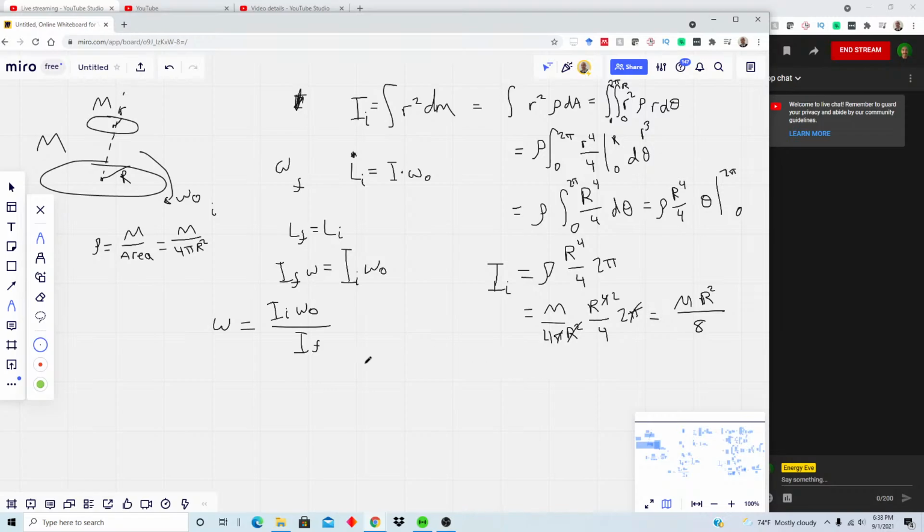Very similar to the second disk, we can make a quick approximation that it's going to be the same value, except this R is actually little r instead of this big R. So we'll say that I_F is equal to the big disk plus the little disk, and the moment of the big disk is this one plus the little disk, LD, which is going to be something similar.